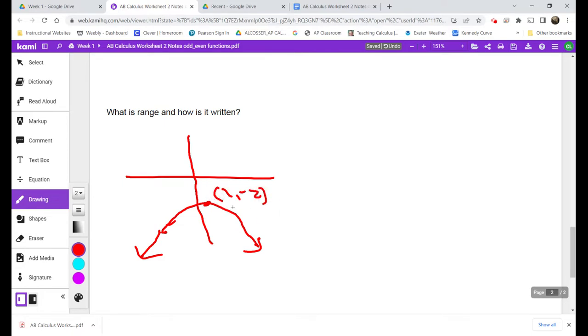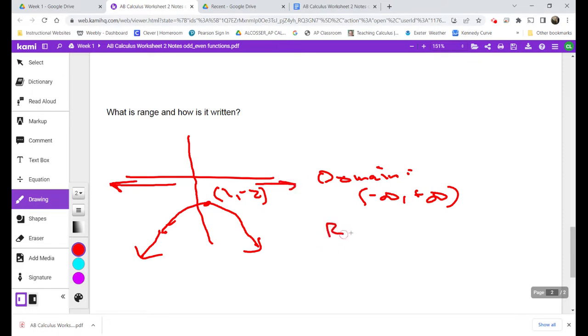Okay, so if it's at 1 and -2, range would be all real numbers. I'm sorry, domain, because domain is all usable x values, and I can plug in any x value I want. So my domain would be all real numbers. So I'm going to go from negative infinity to positive infinity, all across this x-axis is what I can use for domain.